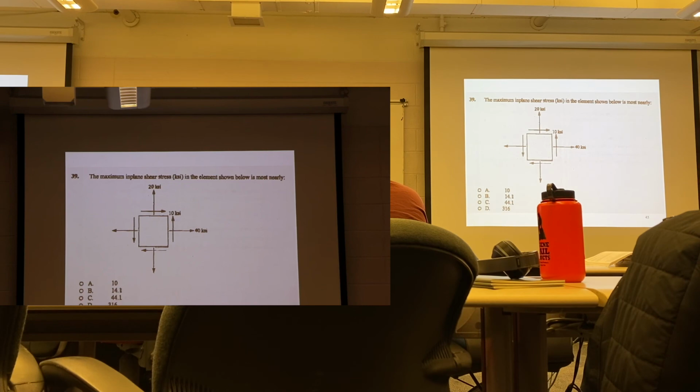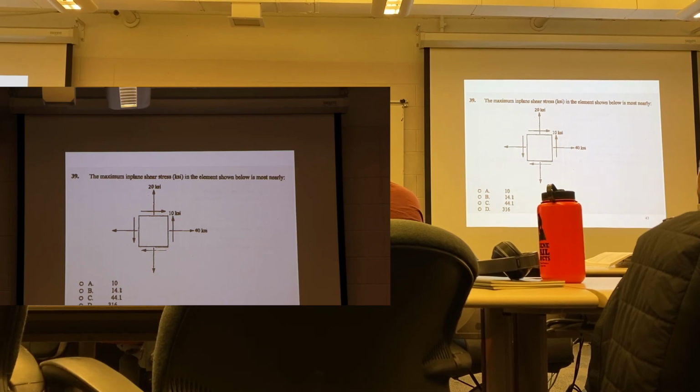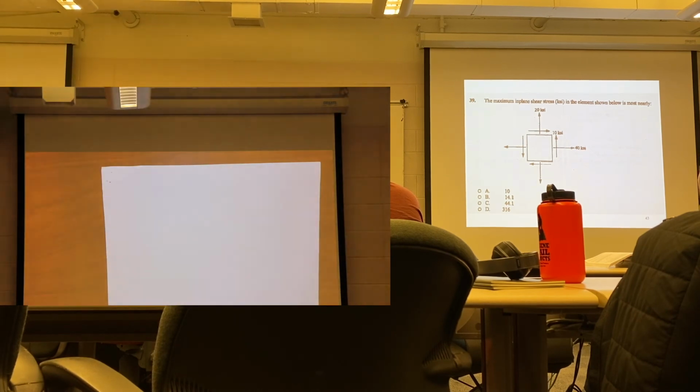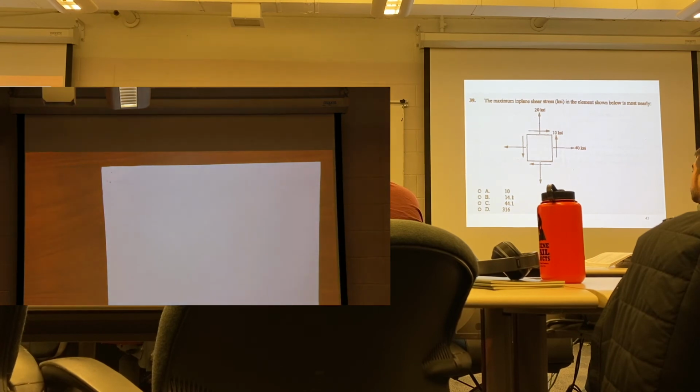First of all, what am I looking for? If I'm telling you in-plane shear stress, this means I'm looking for the radius of Mohr's circle. So you either sketch Mohr's circle or use the equation. If you decide to sketch Mohr's circle, this is what you have.